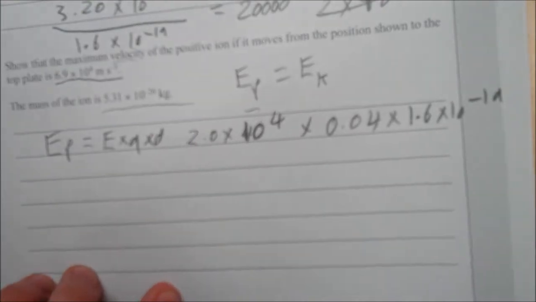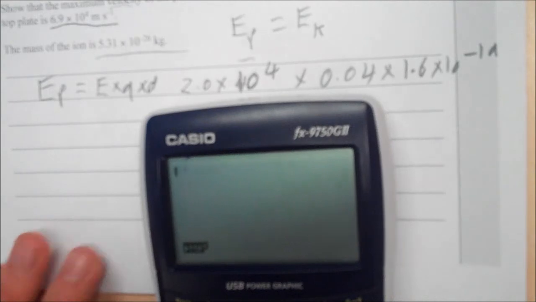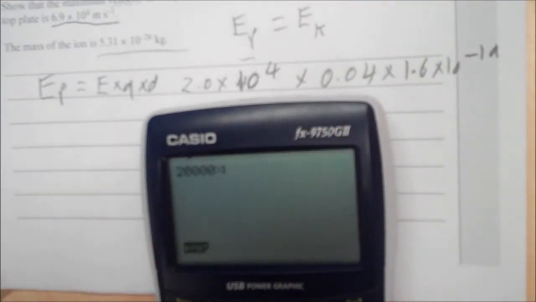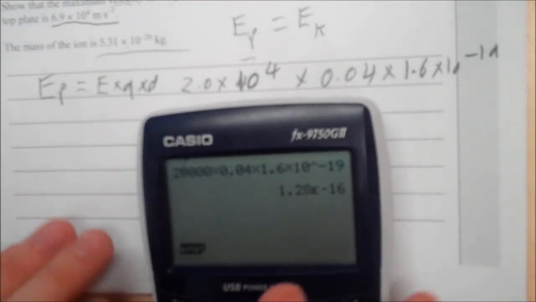So if we put all of this in, this is just 20,000 times 0.04 times 1.6 times 10 to the negative 19. That gives 1.28 times 10 to the negative 16.